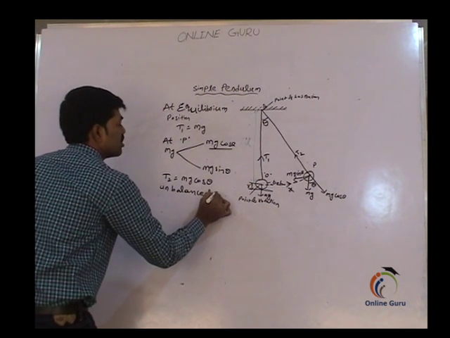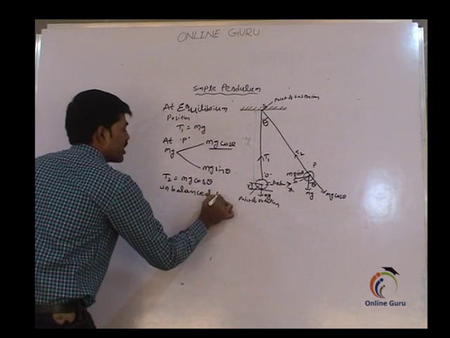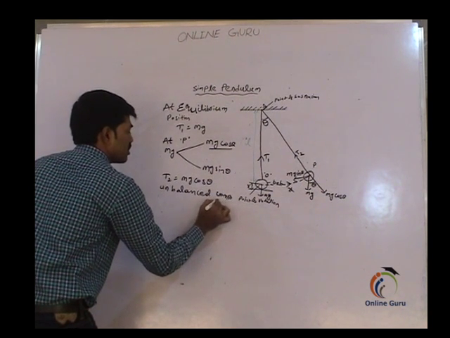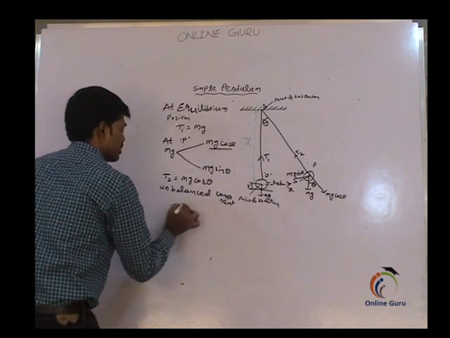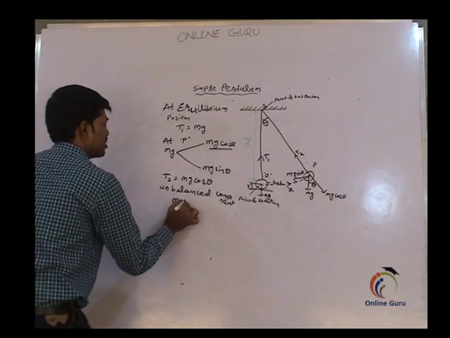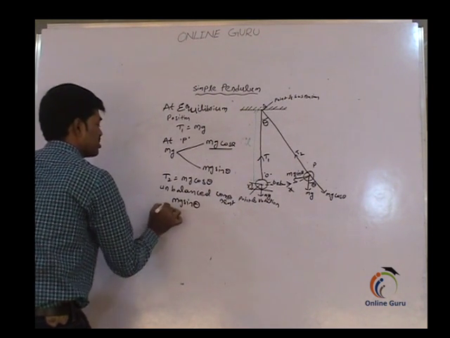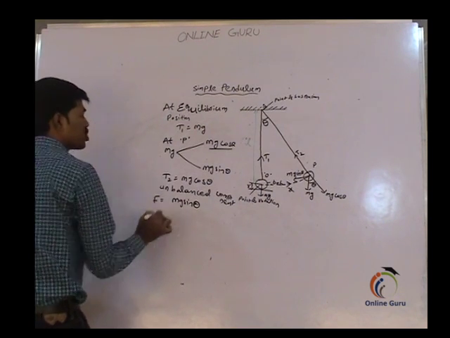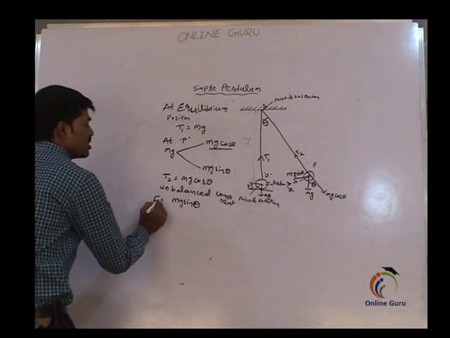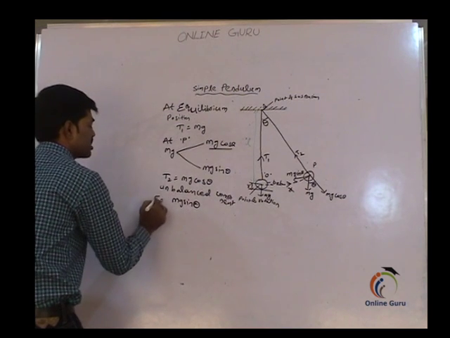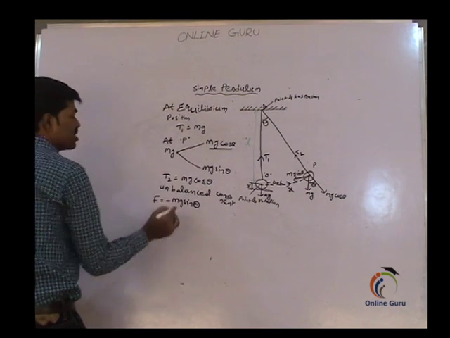The unbalanced component, that is mg sin theta, is equal to the restoring force. So the unbalanced force F is equal to minus mg sin theta.